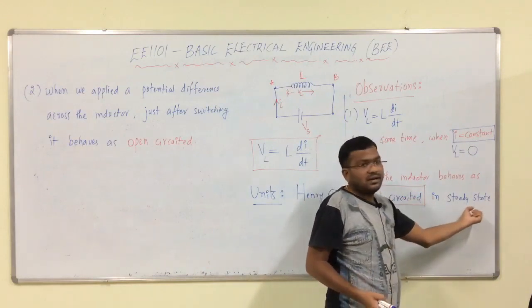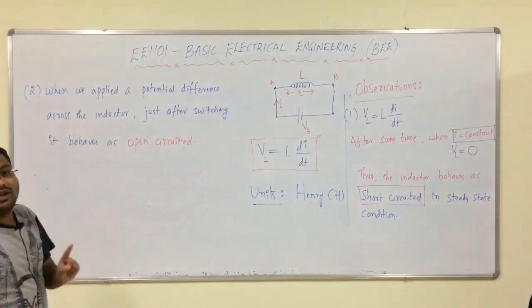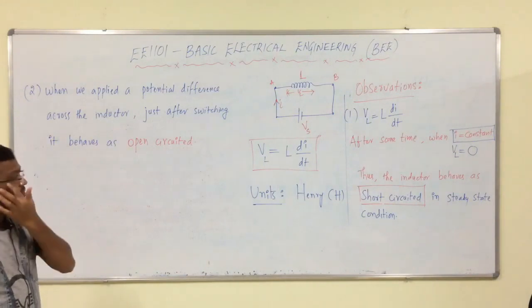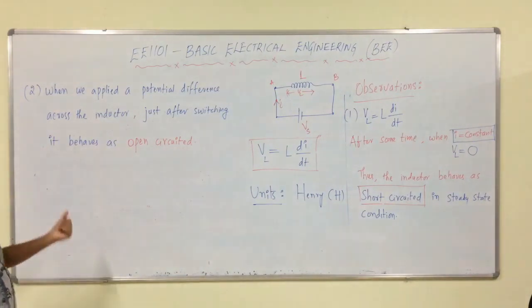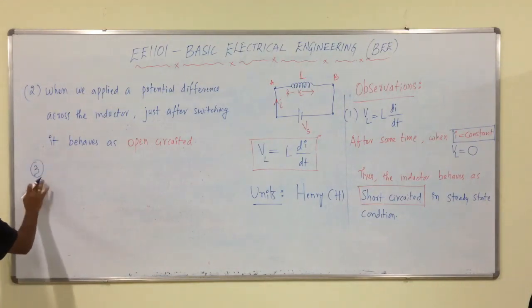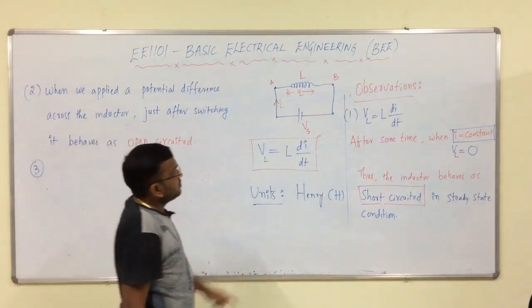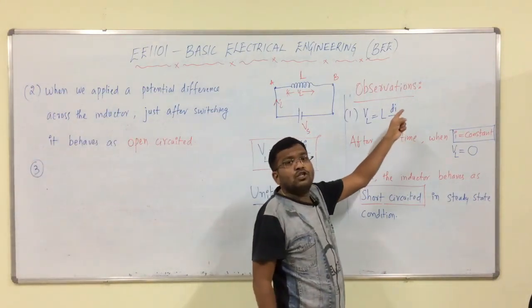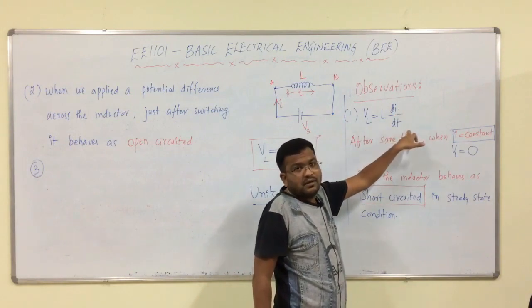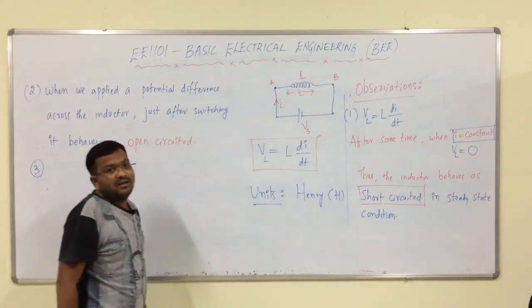That means steady state. Initially it acts as open circuited. This is a very important observation in this class. So this is the second observation. Next, the third observation. For example, if there is a small change in current with 0 time, what will happen to the voltage across the inductor?